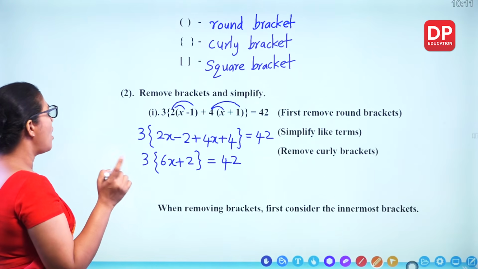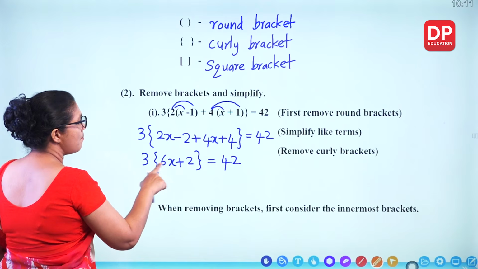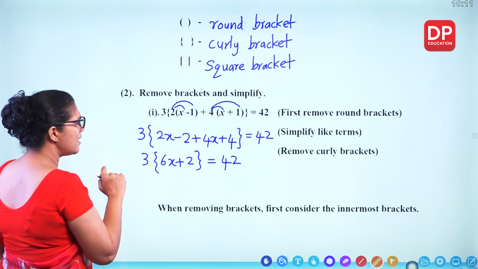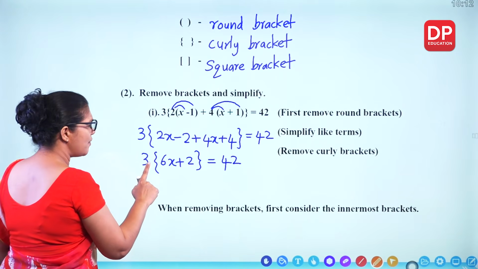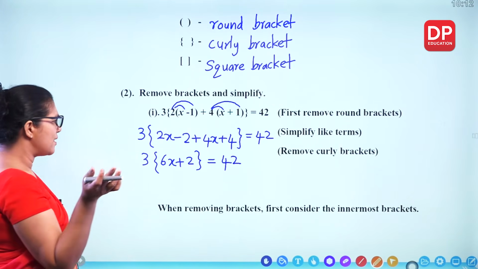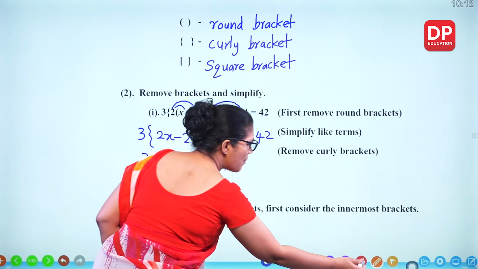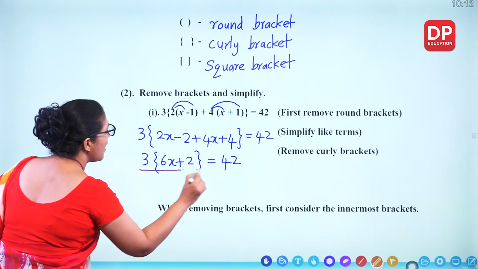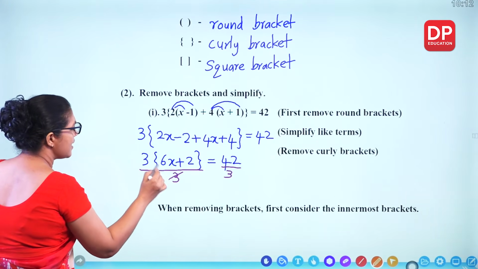Now, how you remove the curly bracket? Before removing the curly bracket, you can divide this by 3. So, we can do that way or remove brackets as well. So, I'll show you from this one without removing the brackets. You can divide this by 3. Then 3 gets cancelled out.